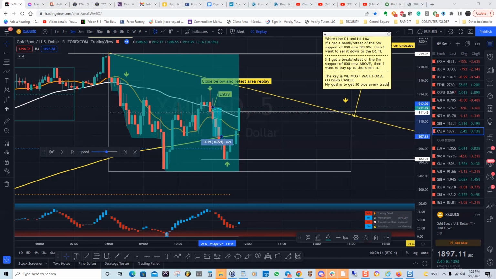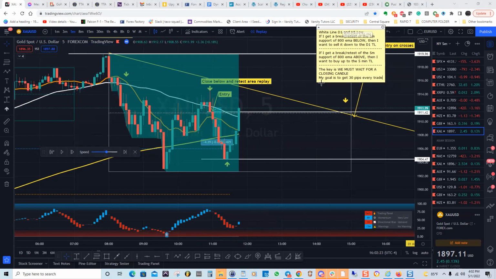Once you get 30 pips, you get out. That's your goal. I don't care about 40, 50, 60. If I get 30 pips, I get out. And how many did I get? Well, 40. But 30's right here, 30's right there. I'm out right here. Getting 40 is damn good.